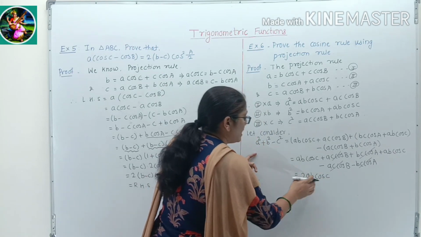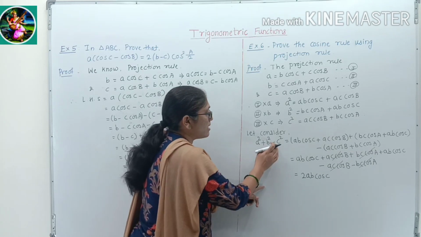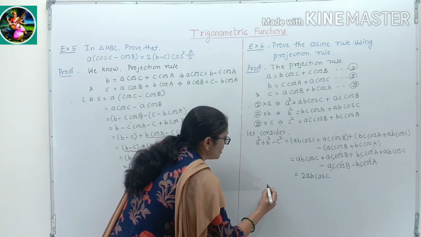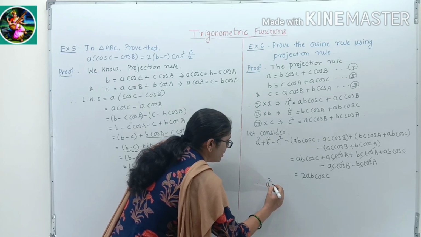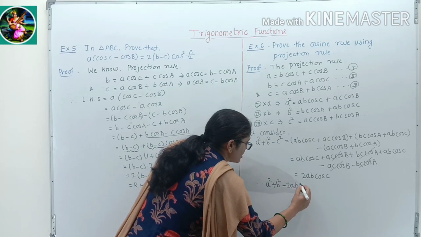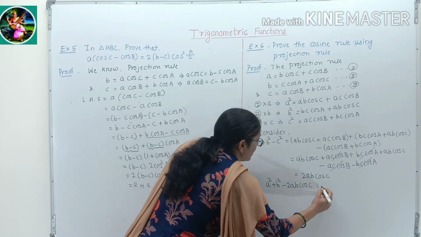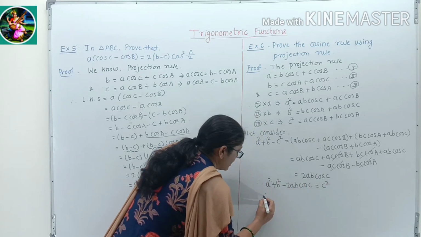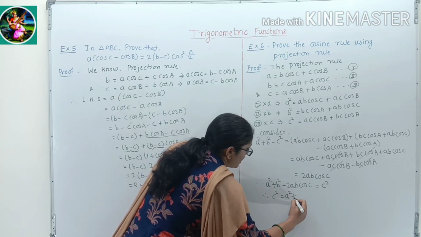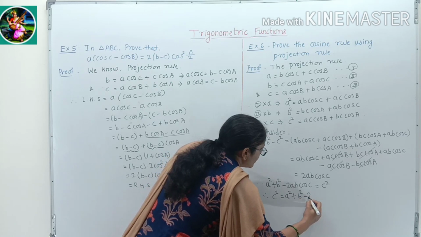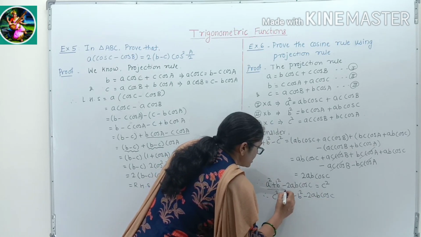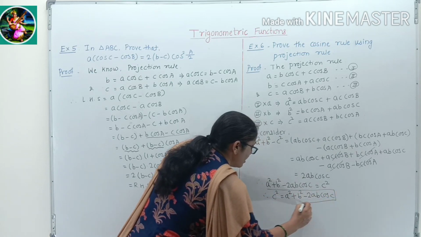Therefore, if we bring this term to the LHS and bring this minus c² to the right hand side, here we get a² + b² − 2ab cos C is equal to c². That is, c² = a² + b² − 2ab cos C, which is the cosine rule.